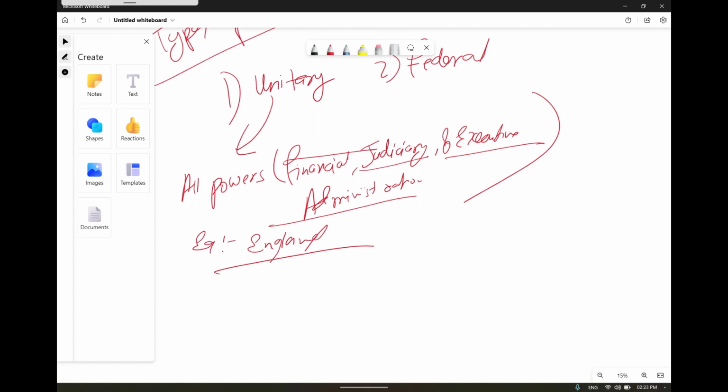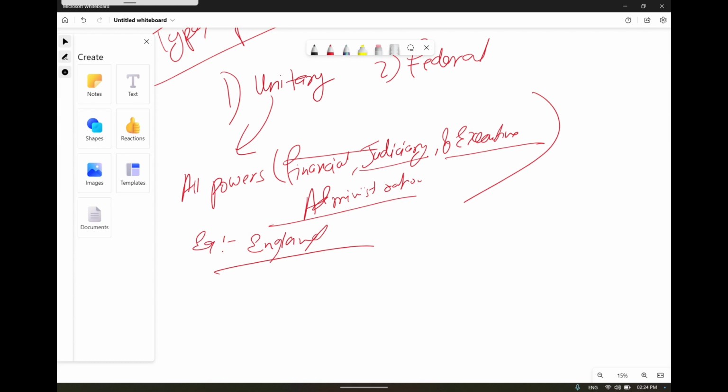Local government will be there. It doesn't mean that in England local government doesn't make any changes to laws or exercise any powers. Local government will be there, but there is no distribution of power. Some powers will be given to them, but that is at the mercy of the central government.